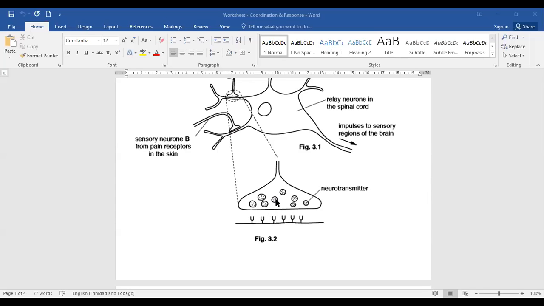And when they move, these chemicals contain the same message that is supposed to be transmitted by the electric impulse.